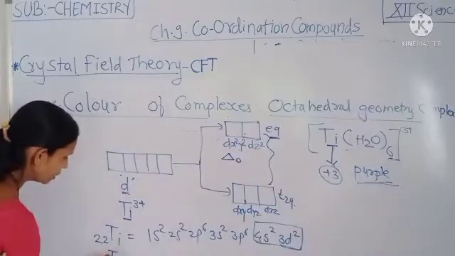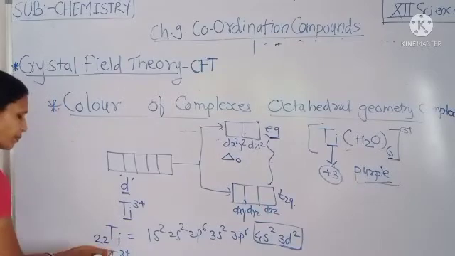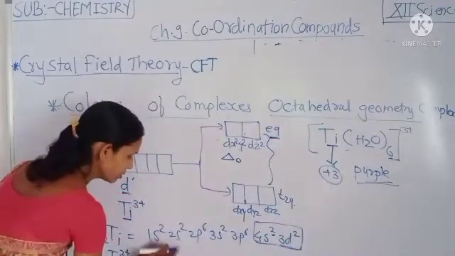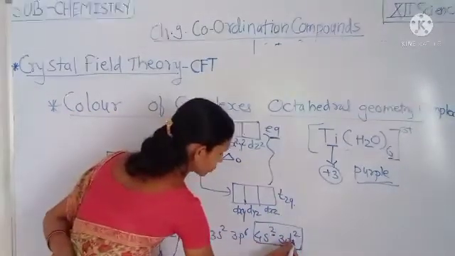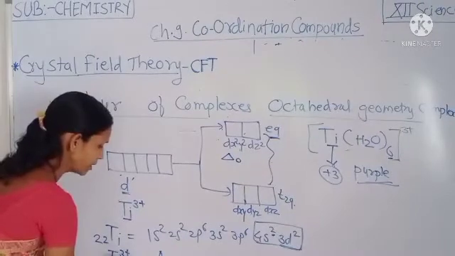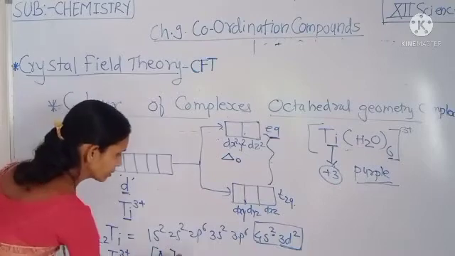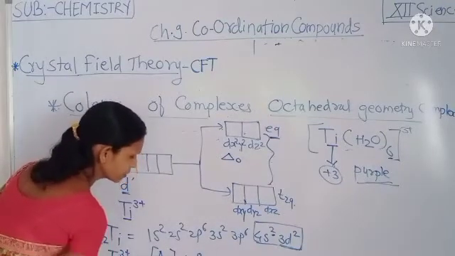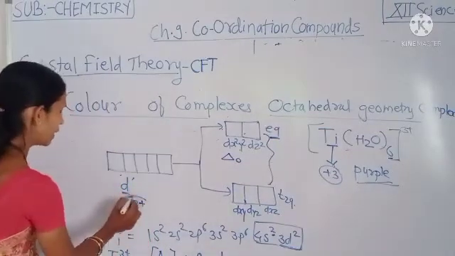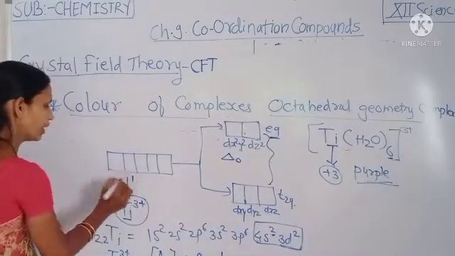But for titanium 3+, 3 electrons are lost by the titanium atom: 2 electrons from 4s and 1 electron from 3d, to form the Ti3+ ion. Therefore, the electronic configuration for Ti3+ has 4s empty and 3d with 1 electron. That means in Ti3+, the valence d orbital possesses 1 electron.